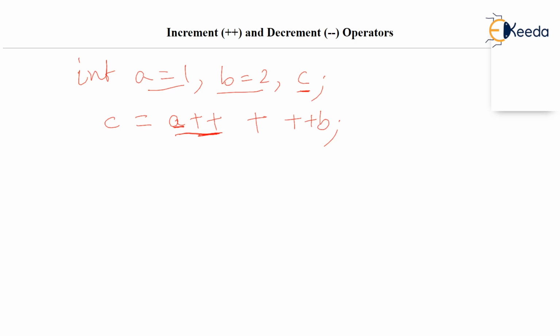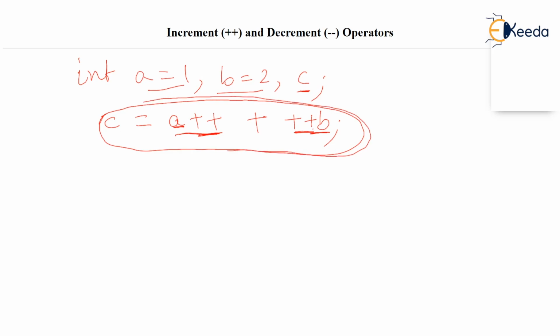After this entire expression is solved, A should increase by 1. That's postfix. But you note this plus plus B: this plus plus has been written before B. That means this is prefix. So you should increase B before you solve this entire expression, and you should use the changed value of B.